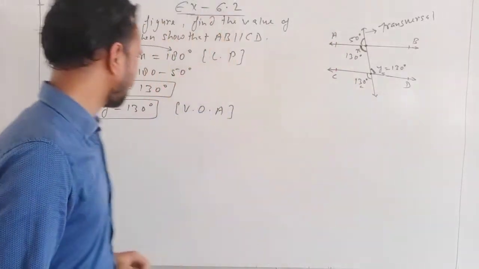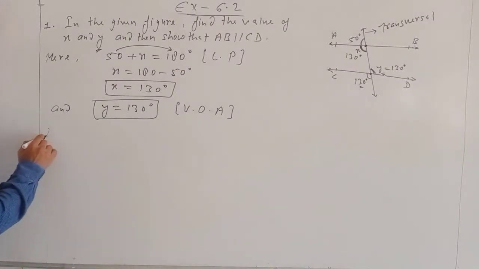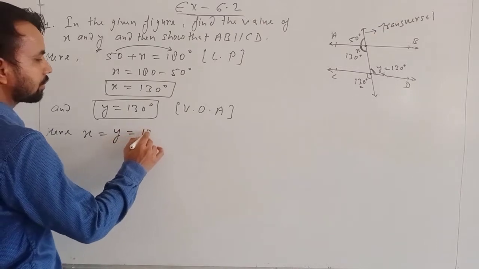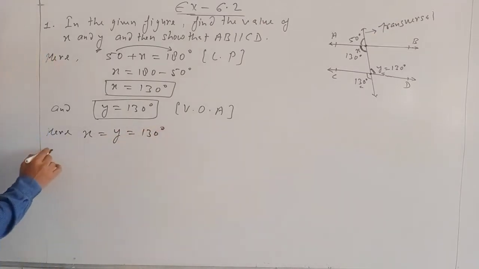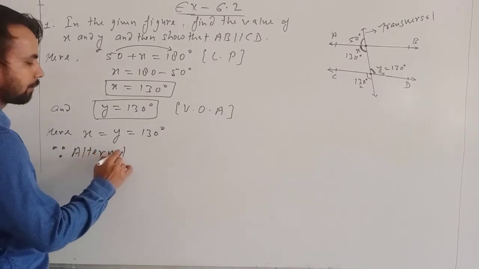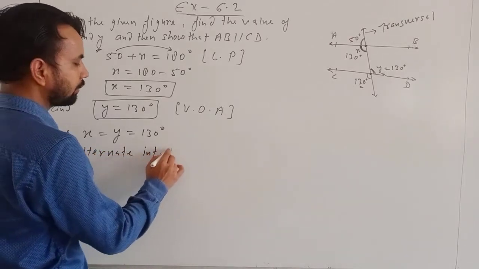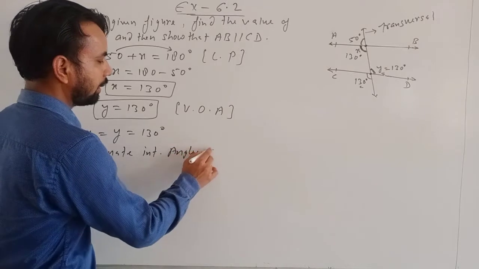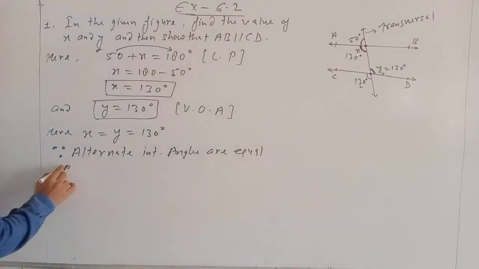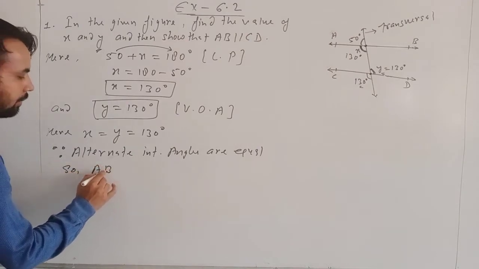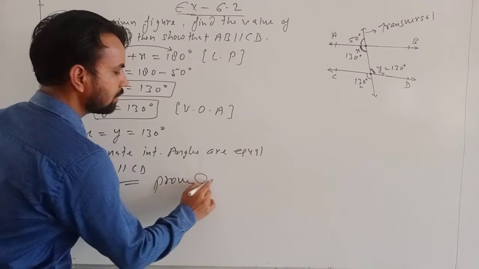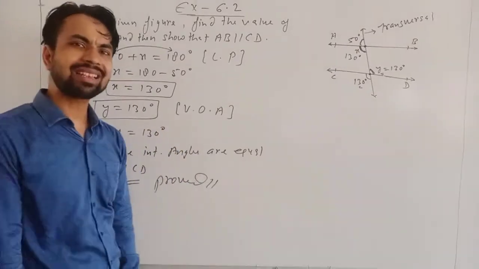Understood? So at last we will have to write here angle x equals to y equals to 130 degree. Since alternate interior angles are equal, so AB is parallel to CD. Hence it is proved. Hope it is clear.